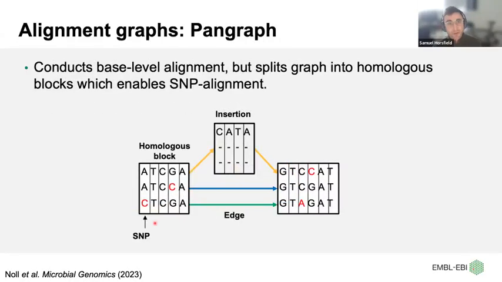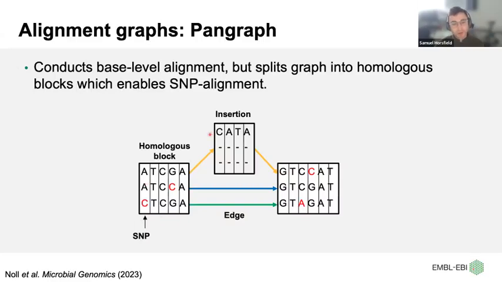A further variation on these variation graphs is represented by PanGraph, which is another tool which conducts base level alignment like, say, a variation graph, but represents variation in terms of homologous blocks. So within each homologous block, you can conduct base level alignment, so you can actually call SNPs within each of these homologous blocks.